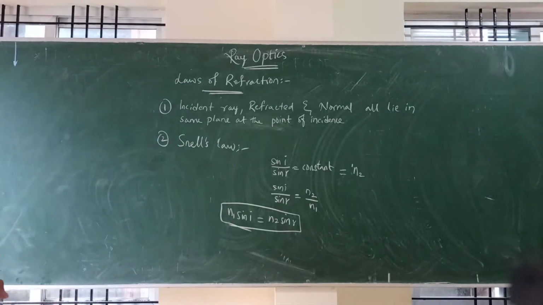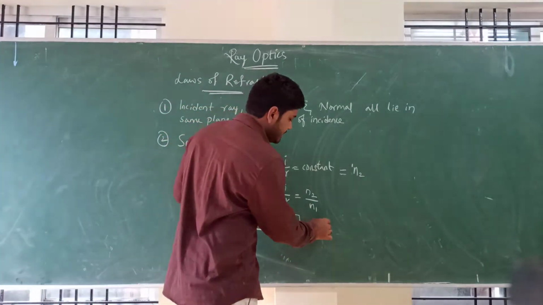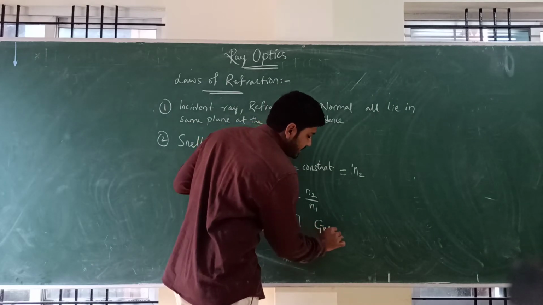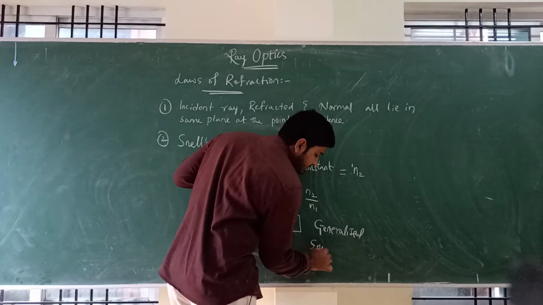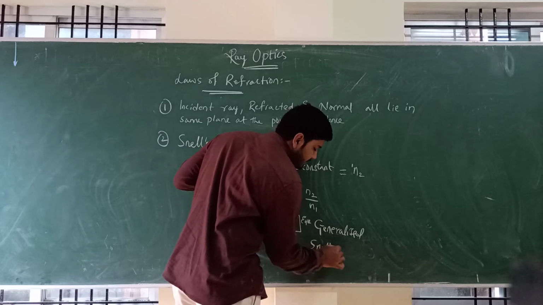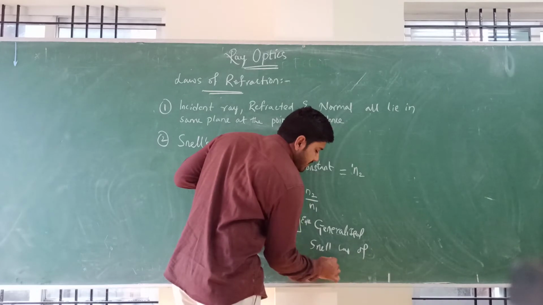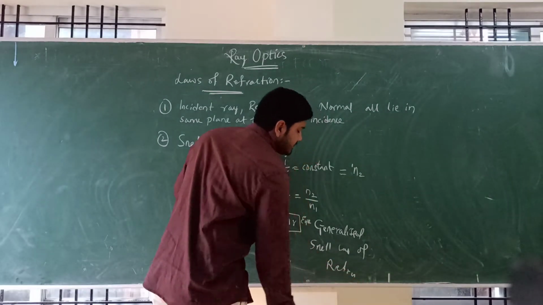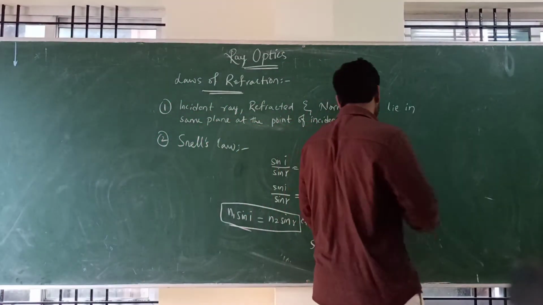So sine i by sine r is equal to constant. And this equation, n1 sine i is equal to n2 sine r, is the generalized equation of Snell's law of refraction.